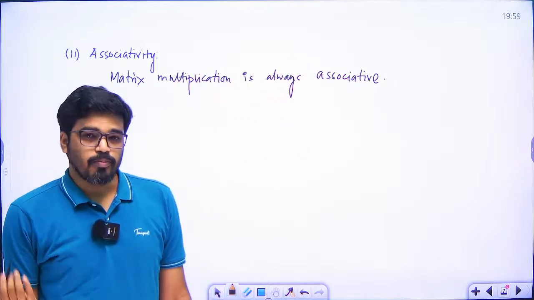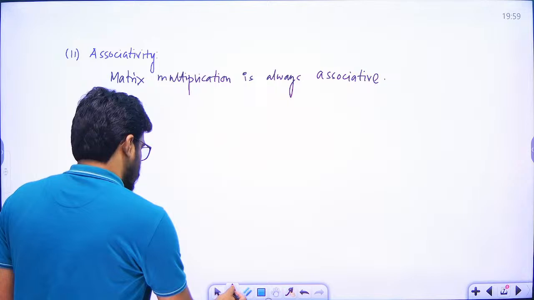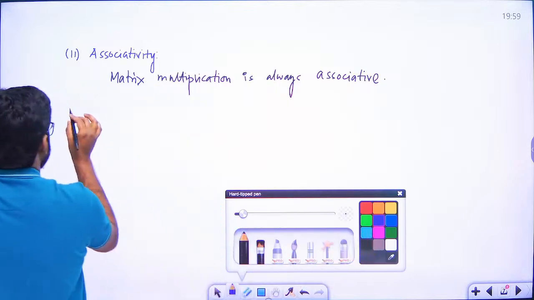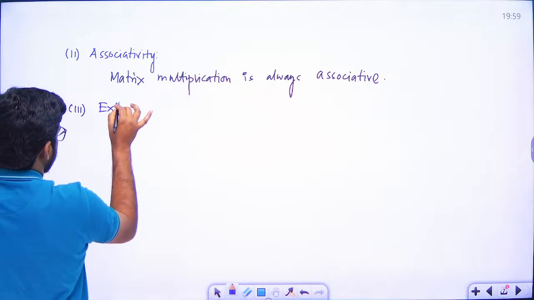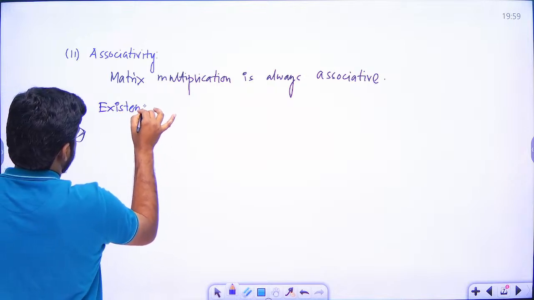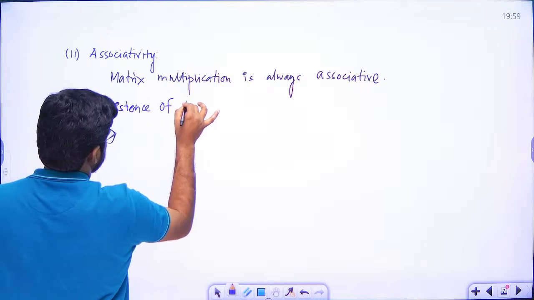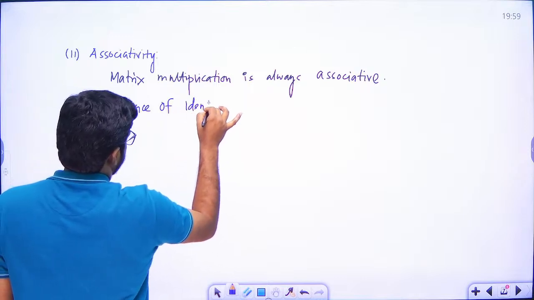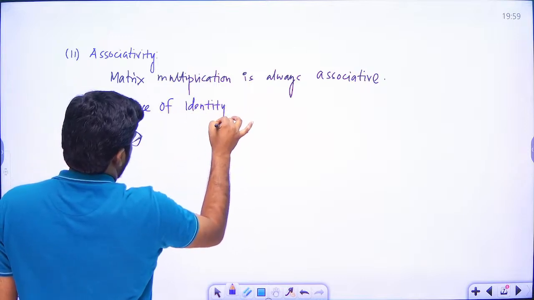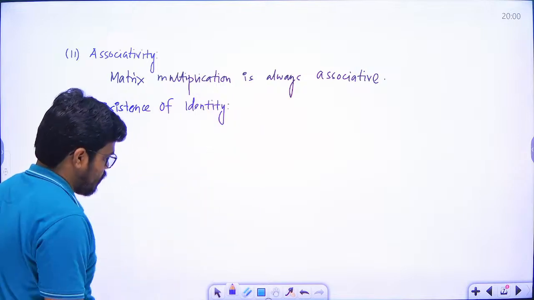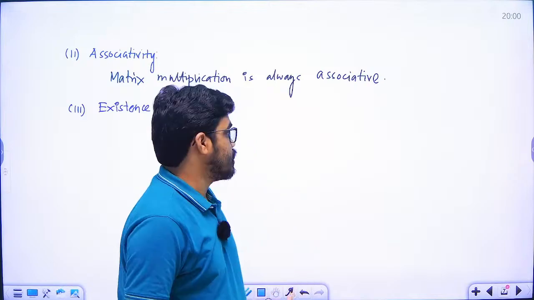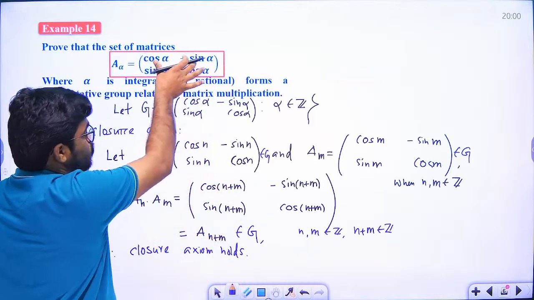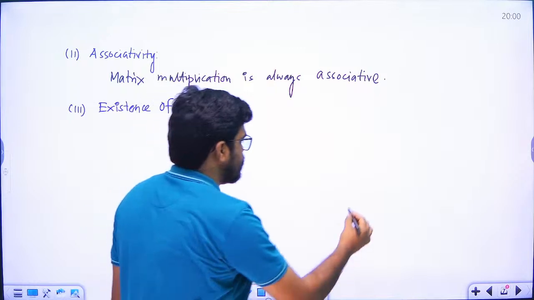Now we have to show the existence of identity. Let's see what the identity is. Here the given matrix is a 2 cross 2 matrix. So what is the identity element?